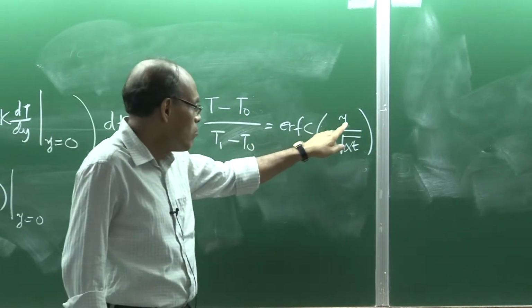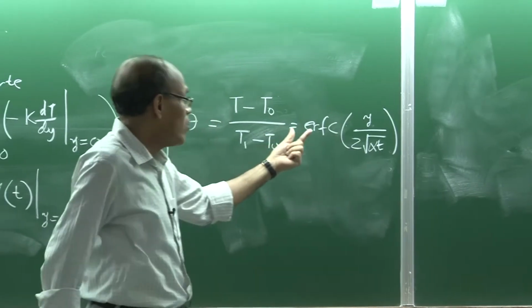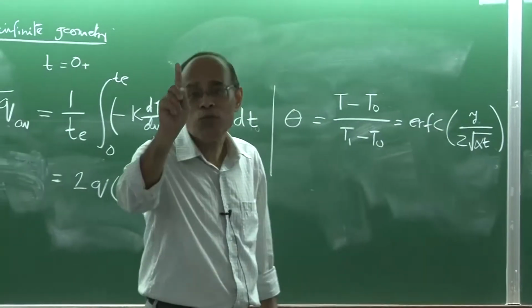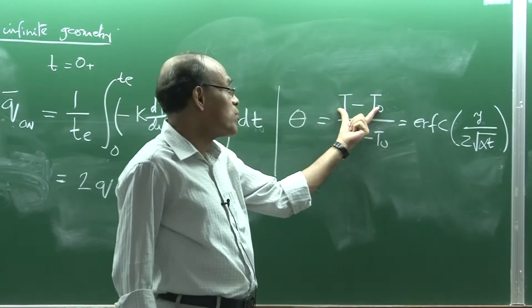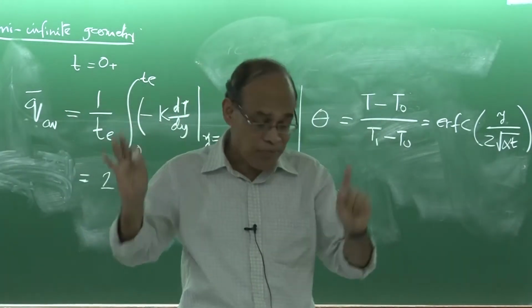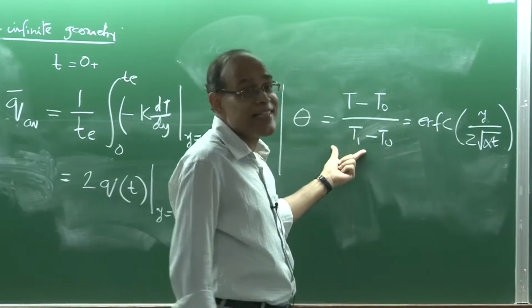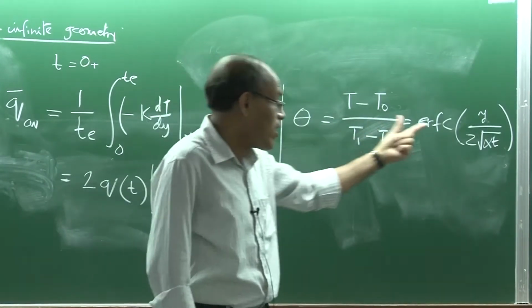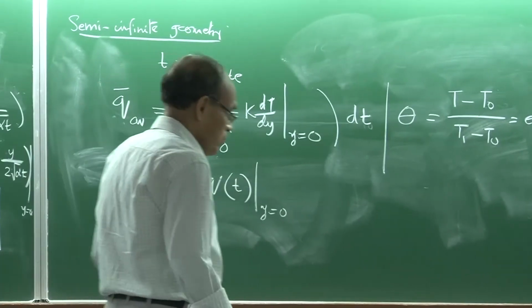If I put y equal to infinity, we know that the error function of infinity is equal to 1. So, 1 minus 1 is 0, that means this term is 0. Therefore, T is equal to T0. So, the initial condition or the far-field boundary condition is exactly satisfied, and I can know that whatever expression I have given to you is actually correct.